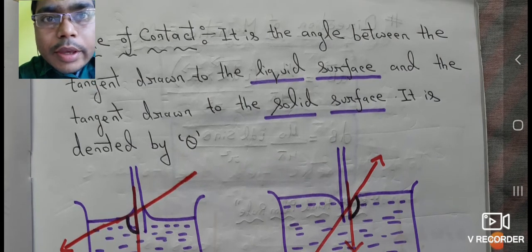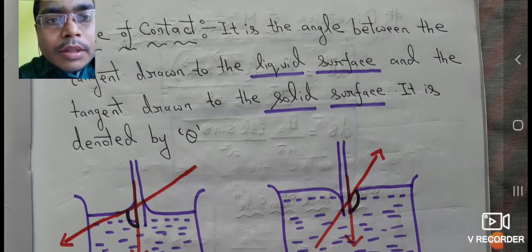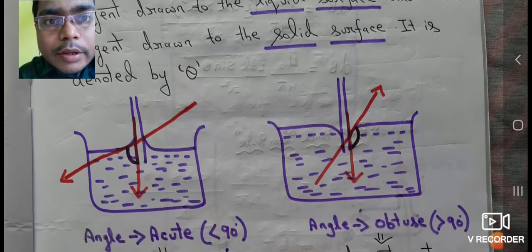So what is actually angle of contact? It is the angle between the tangent drawn to the liquid surface and the tangent drawn to the solid surface. This is represented by theta. Here in the first diagram, I made the tangent drawn to the liquid surface and also the tangent drawn to the solid surface.